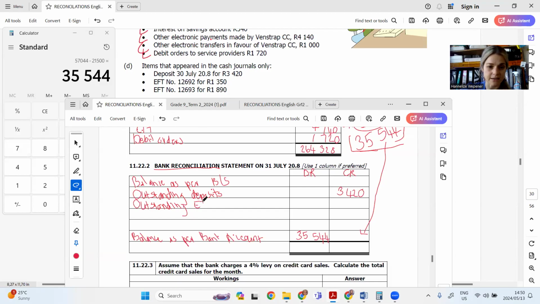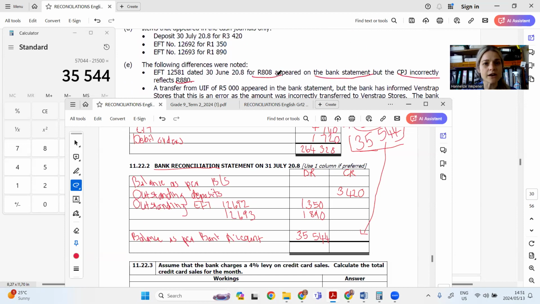So outstanding EFT, the first one is number 12692, and then we also have 12693. These are payments that we do not yet see on the bank statement, but it's probably just because we made the payment on the last day. So it will result in debit entries on the bank statement. Payments made, the money is no longer in your account.